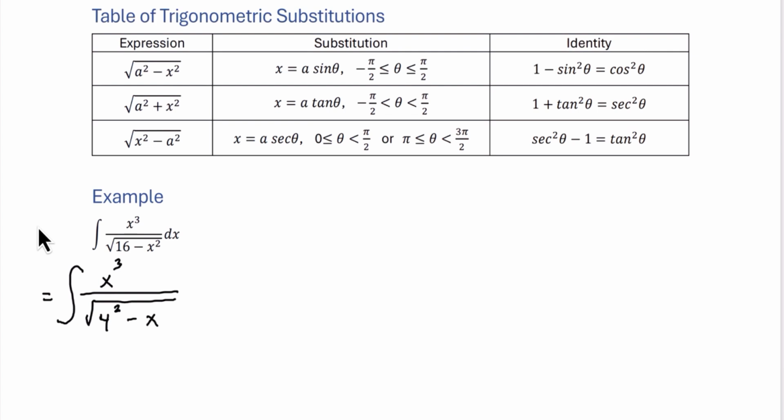Now it's a little more clear that the a term is 4. So we want to use x equals 4 sine theta. Then the derivative dx is 4 cosine theta d theta.